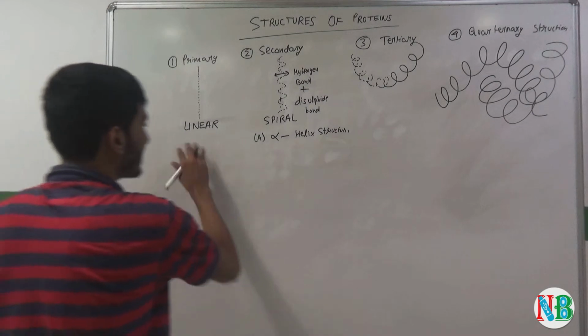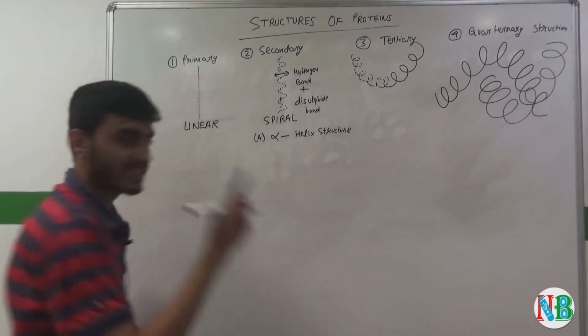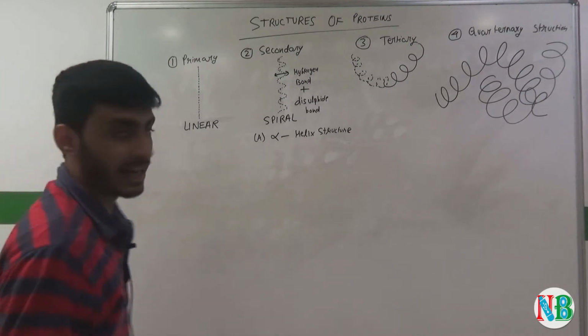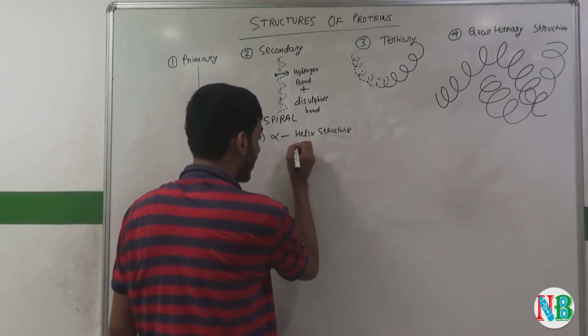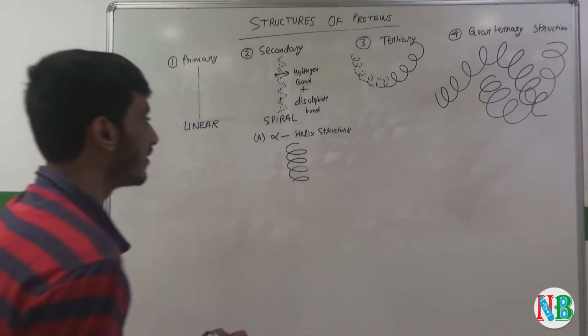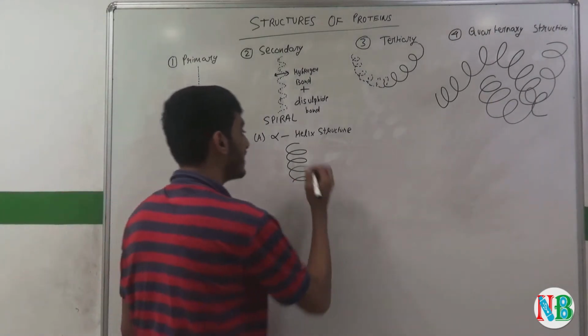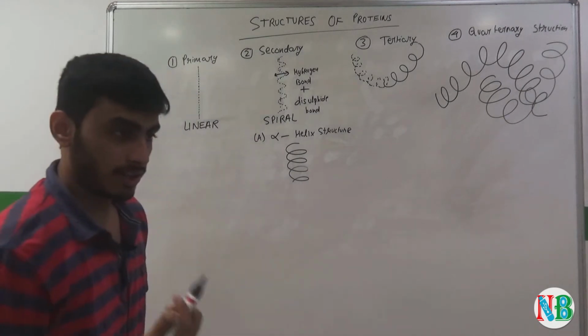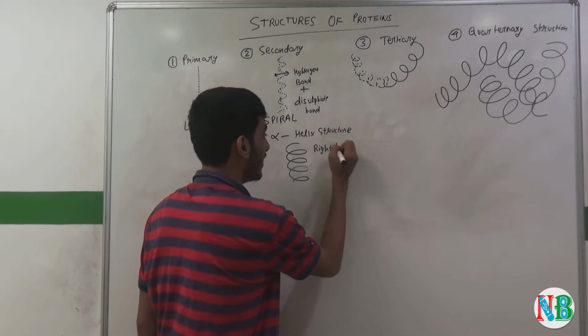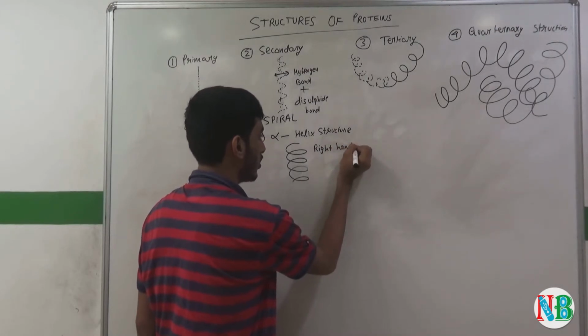So you have to make strands. The chains you formed in the first one are coiled around the axis like this to form an alpha helix. By the term alpha helix, I mean that the chain is right-handed coiled.